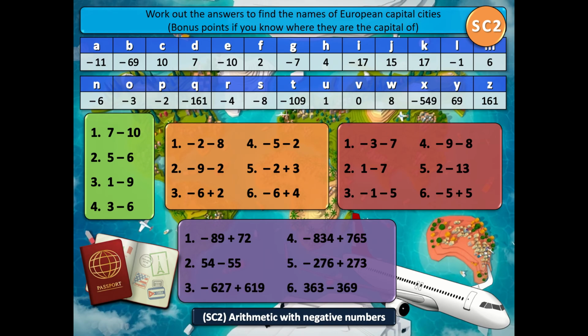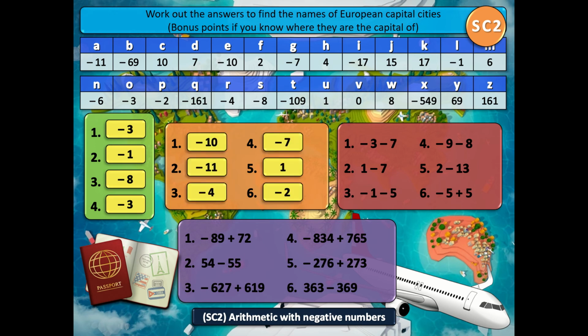Here's some questions for you to have a go at. Pause the video, and when you're ready to mark your work, press play. Here are your answers. So there's your green answers. There's your amber answers.